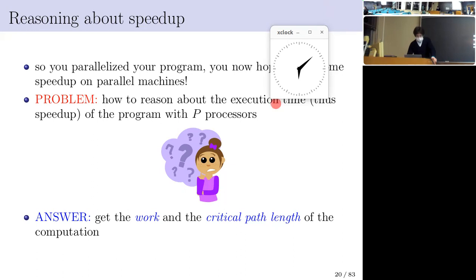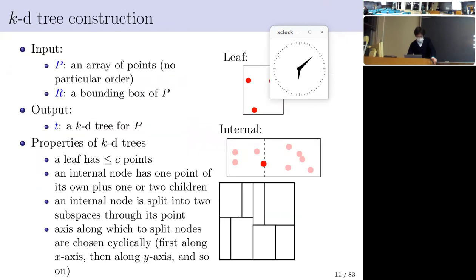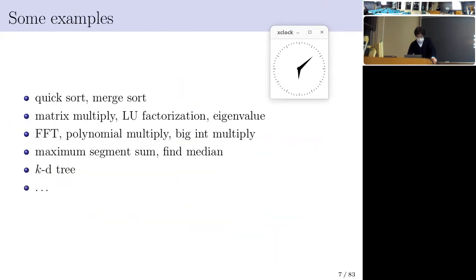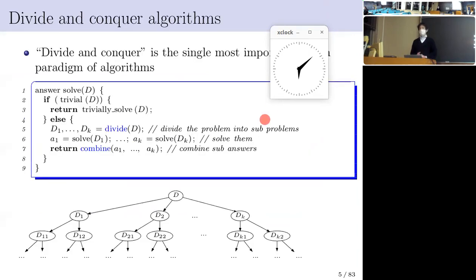Let's recall that the structure of the program is something like this, as I have shown in the beginning. Each of these recursive calls will be made as a parallel task using OpenMP tasks, so they can run in parallel with each other.